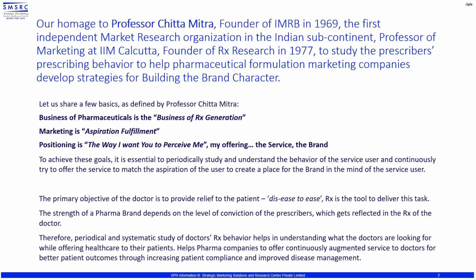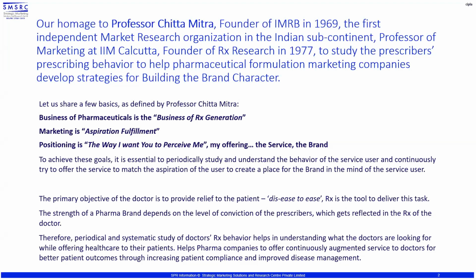This word patient compliance is directly related to patient centricity. The objective of patient centricity is to achieve greater patient compliance. If the patient compliance is less, even if the doctor's prescription is correct for the disease, technically, it might not provide good quality of ease from the disease state and improve disease management.